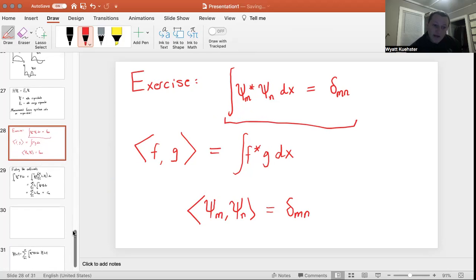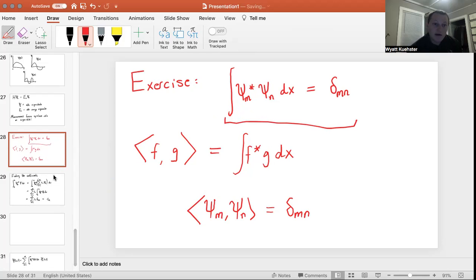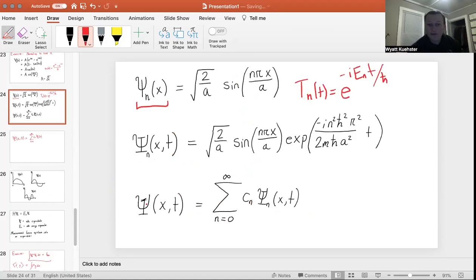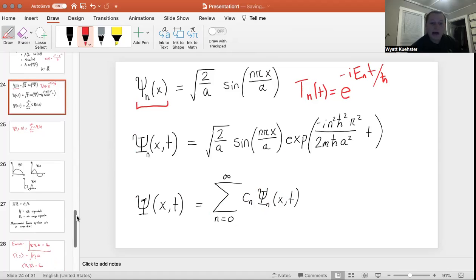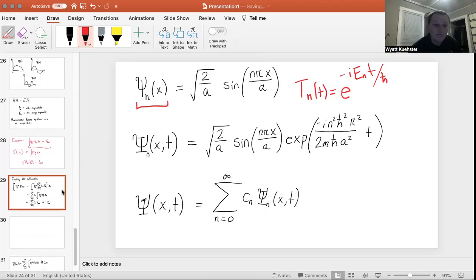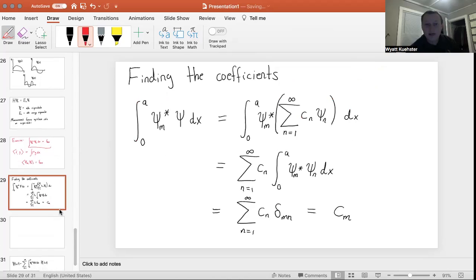And then I also said I would show you how to compute the coefficients in the expansion of a wave function. So I give you a wave function. You know that you can write it as some linear combination of these stationary states, psi n's. How do I find the coefficients of that linear combination? We use something called Fourier's trick.